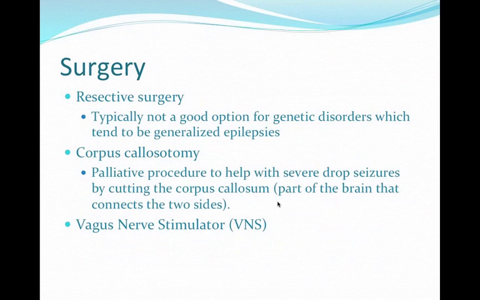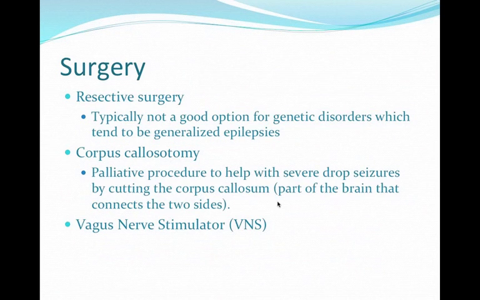We rarely use that. The one that we would actually use in some cases is a vagal nerve stimulator. It's a little machine that you put under the skin in the chest, and then it wraps around the vagal nerve. You have two big nerves that come from the brain that go down to the heart and the lungs and the belly. The right one mostly sends fibers down. The left one sends fibers up, so they wrap around the left one, and it sends a pulse up to the brain.